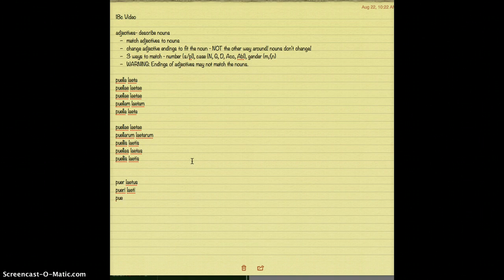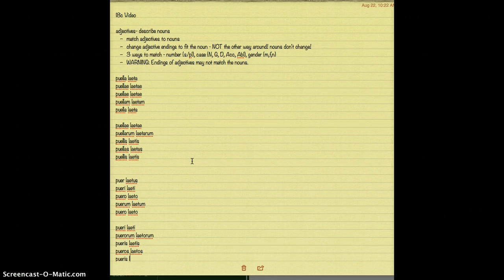Puero, laeto, puerum, laetum, puero, laeto. And for our plurals, we're going to go pueri, laeti, puerorum, laetorum, pueris, laetis, pueros, laetos, and pueris, laetis.